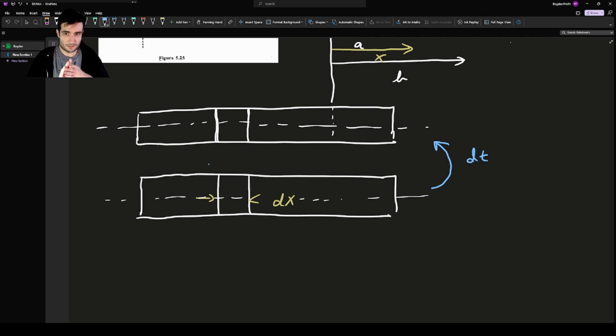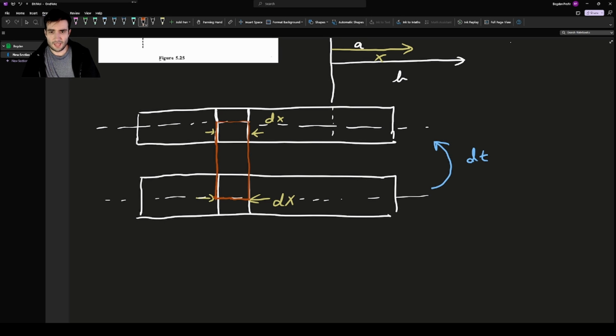And what happens in that short amount of time is that this dx, this piece of conductor dx, will sweep a certain area. And we can find out what that area is, and we'll try to understand why that area is relevant in the first place. So if we start from the center line to the new center line, we'll end up with this kind of rectangular section, right?